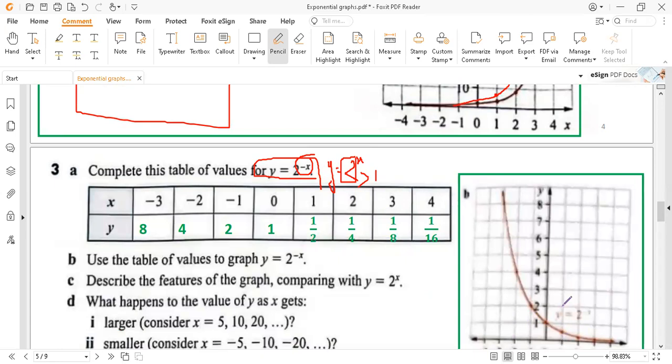When x equal to 0, y is 1. When x equal to 1, y is 2, and so on. Normally it is like that, not exactly, but like that.